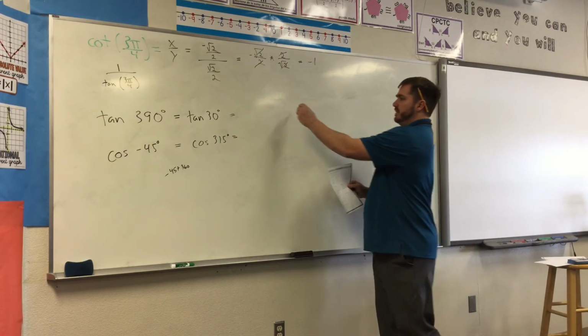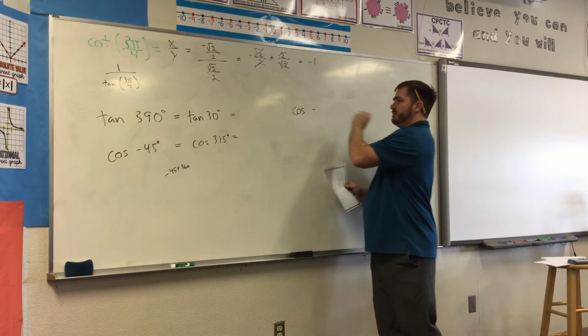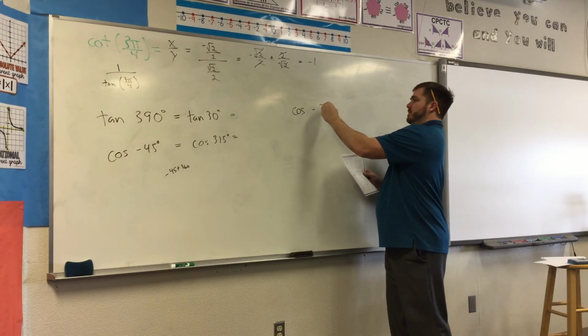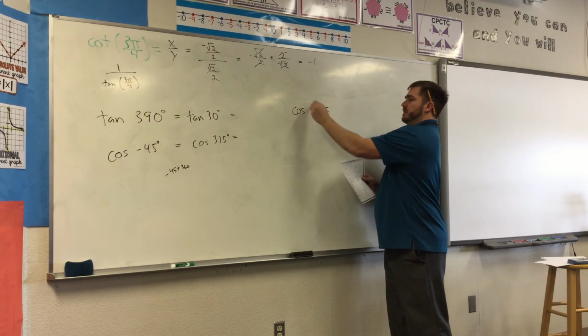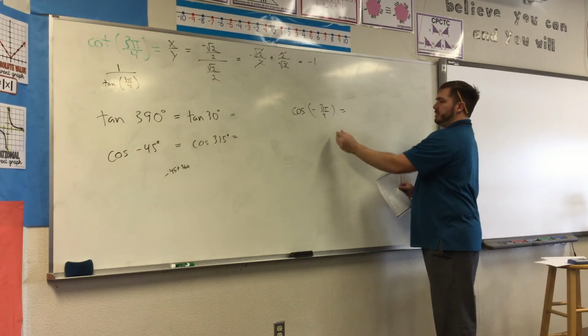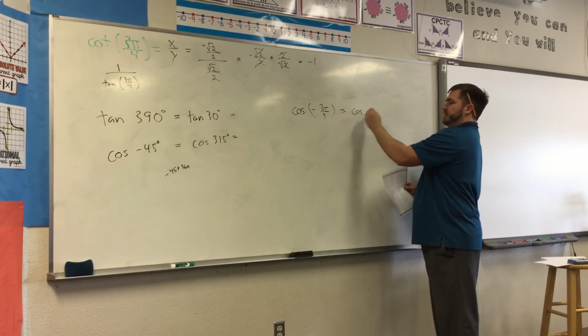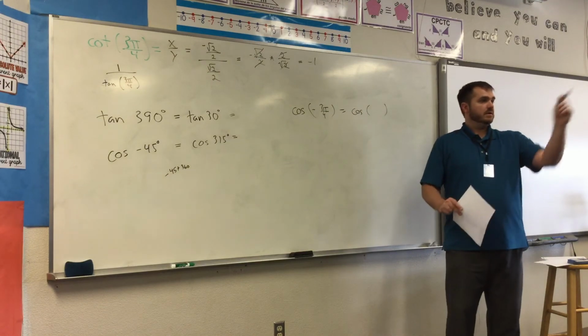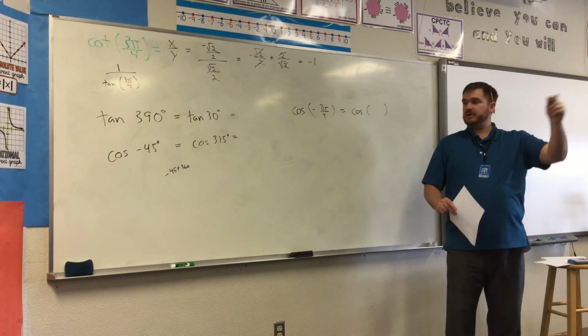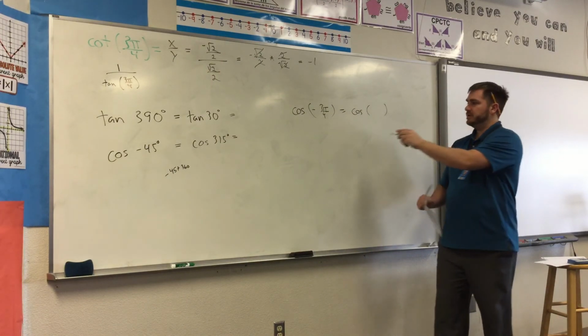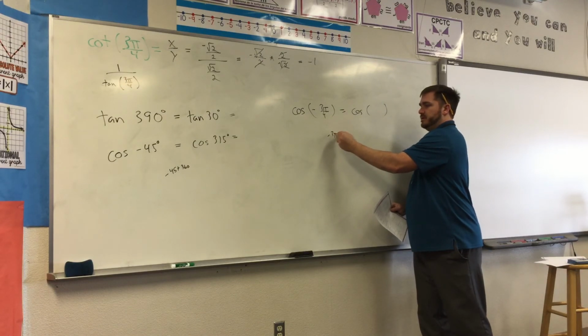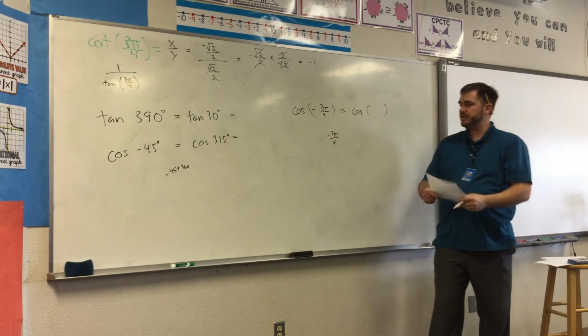So like, for instance, if it said cosine of negative 3 pi over 4, what would you do to get the equivalent angle? You can't add 360. You could convert it, sure, yeah, you could convert that to degrees.